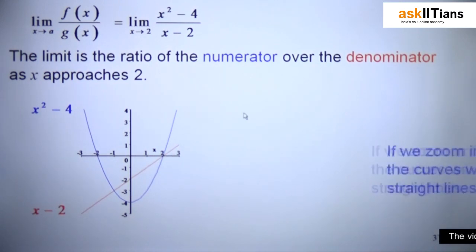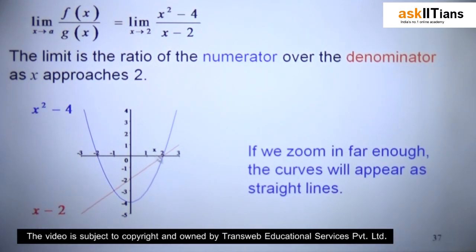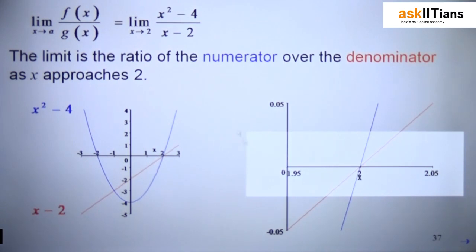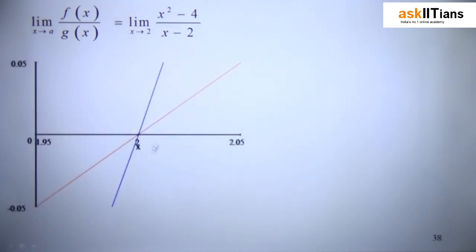Zooming in very close, the values of x square minus 4 and x minus 2, when x approaches 2, coincide at a point, that is 0 by 0.